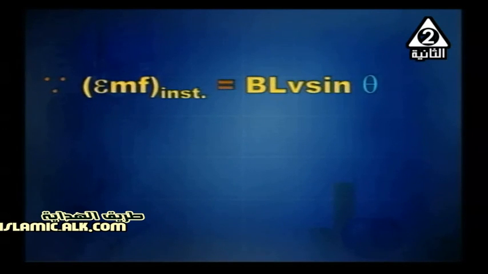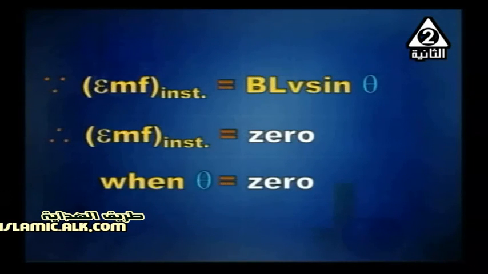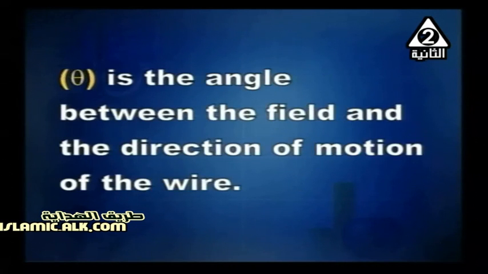B, magnetic flux density. L, length of the wire. V, linear velocity. Theta is the angle between motion of the wire and field. If it is moved parallel, EMF is then equal to 0 because theta is 0 and sine 0 equals 0. And don't ever forget, theta is the angle between the field and direction of motion of the wire.